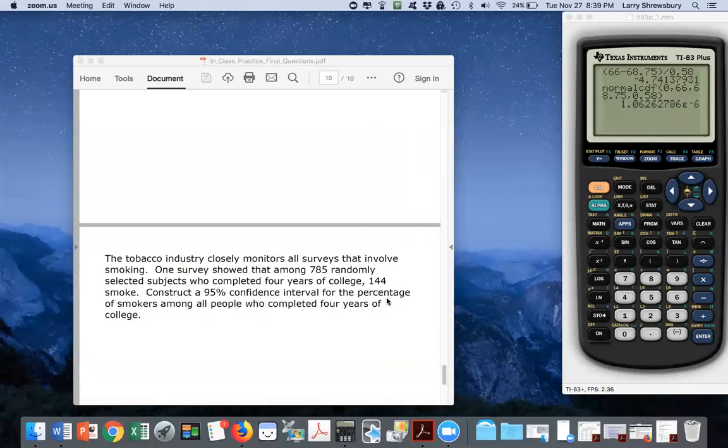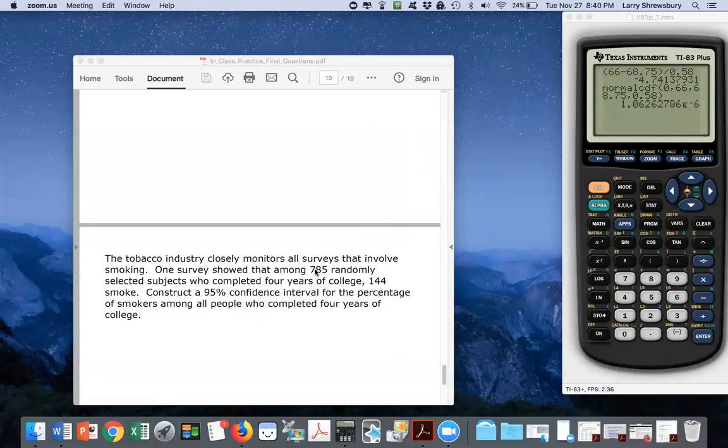And so we counted 144 out of the 785 smoke. So construct a 95% confidence interval for the percentage of smokers among all people who completed 4 years of college. We want to get an approximate idea of what the population proportion is.